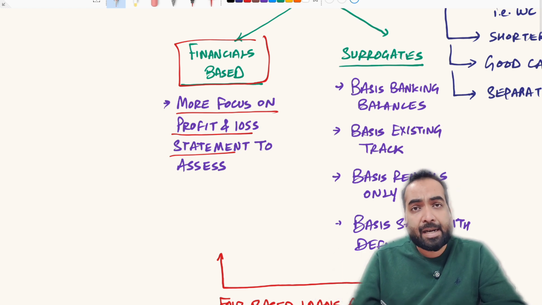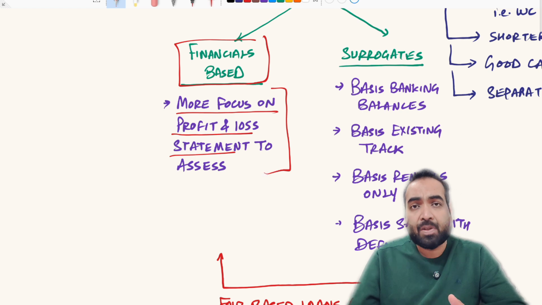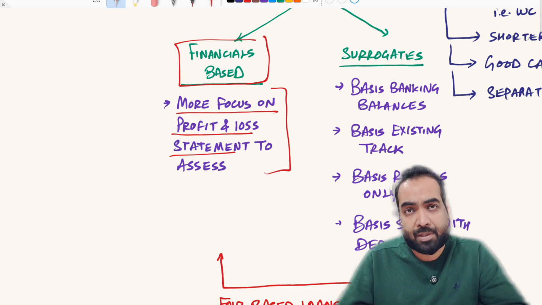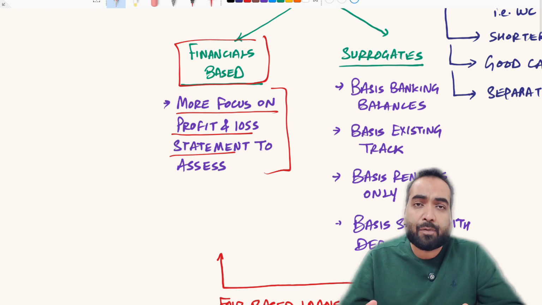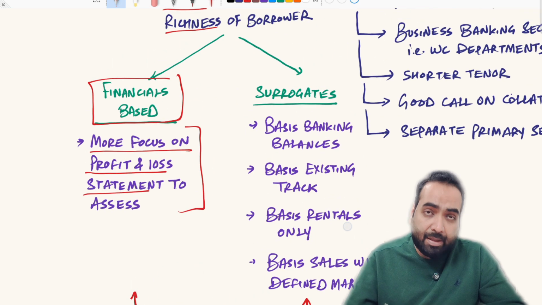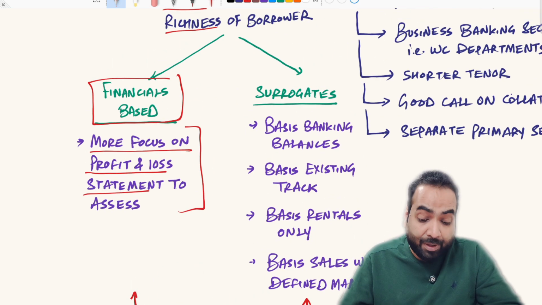You need to understand that for calculating cash richness, we take the profit and loss account. We calculate the monthly cash generation from the profit and loss account of the borrower, right? There is a different set of formulas and concepts for how we calculate it, which we will learn in coming days. That is the financial angle, when we take the financials of the borrower to calculate.